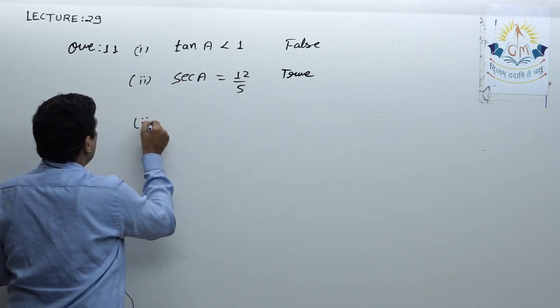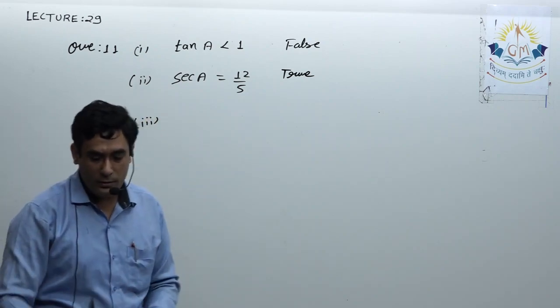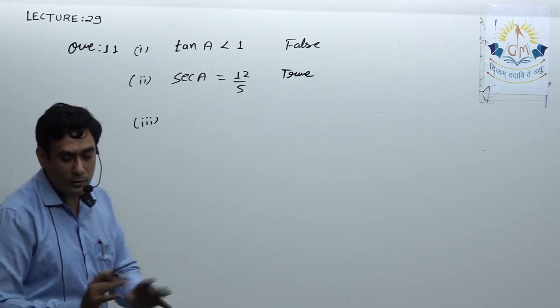Now the third one is, cosec A is abbreviation used for cosecant of angle.